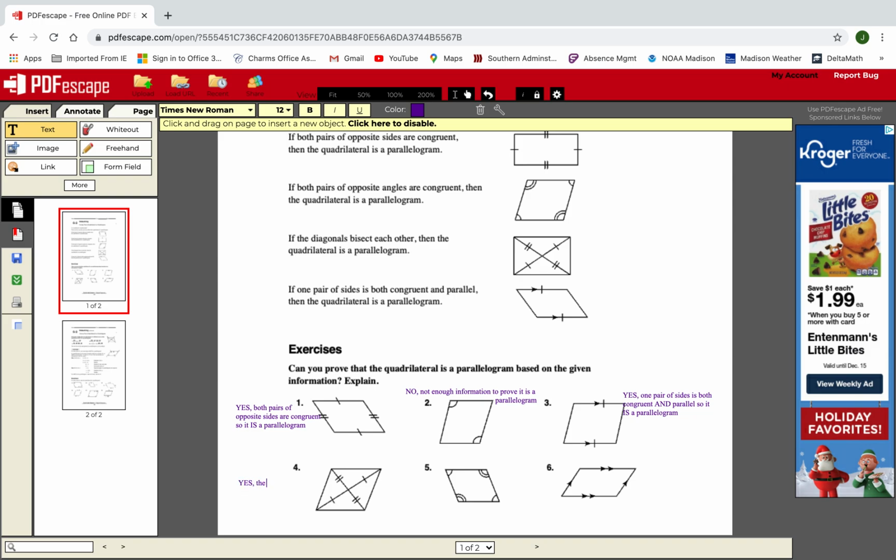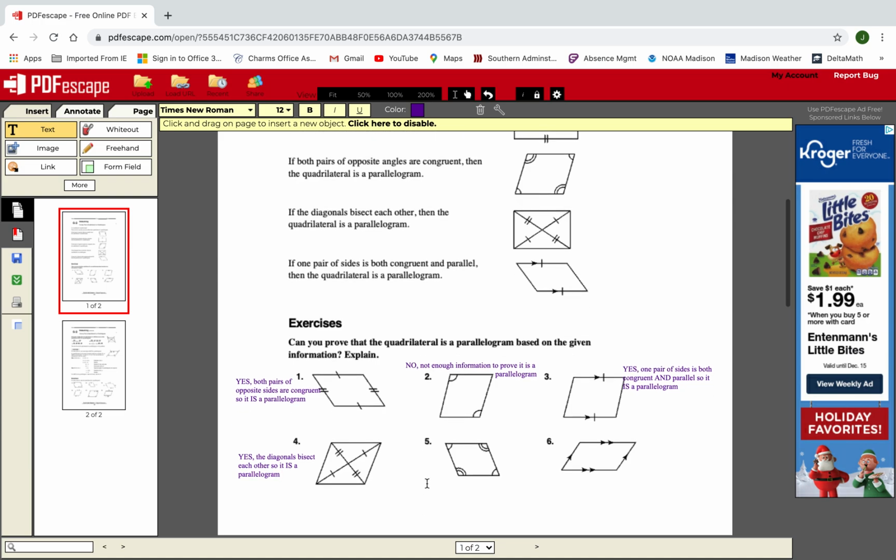Yes, the diagonals bisect each other, so it is a parallelogram. Okay. On 5, we have opposite angles, 2 pairs, both pairs of opposite angles congruent, so this one too is a yes. Okay, I have room down here. Yes, both pairs of opposite angles are shown congruent, so it is a parallelogram.